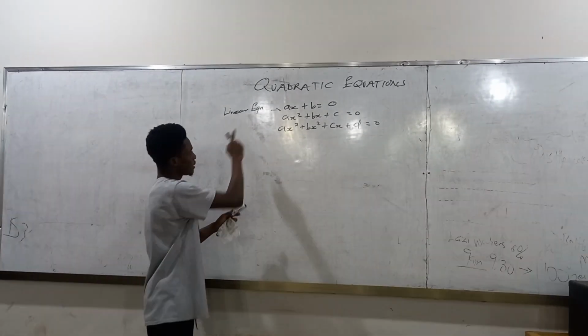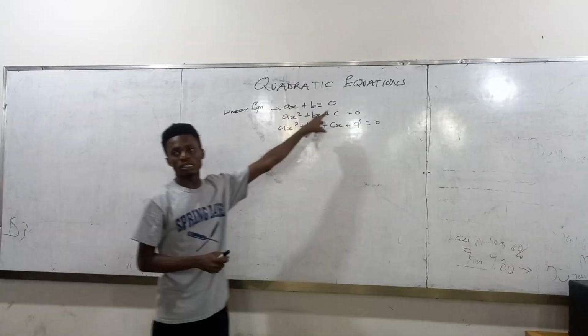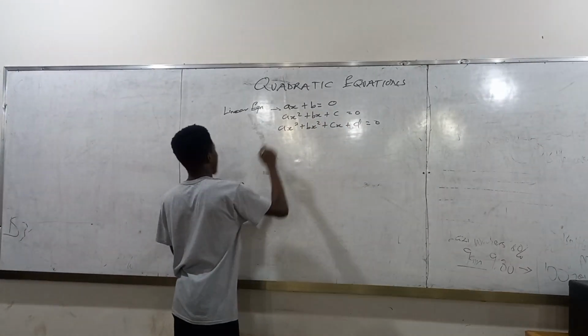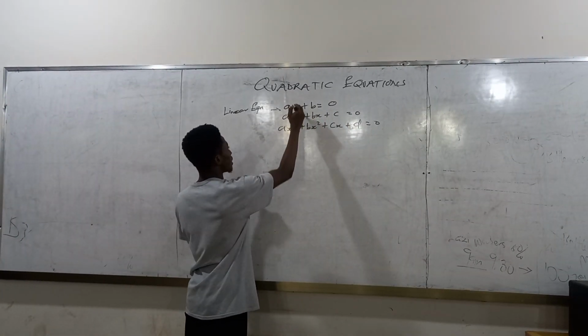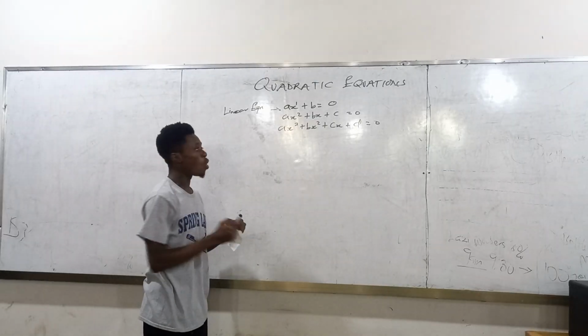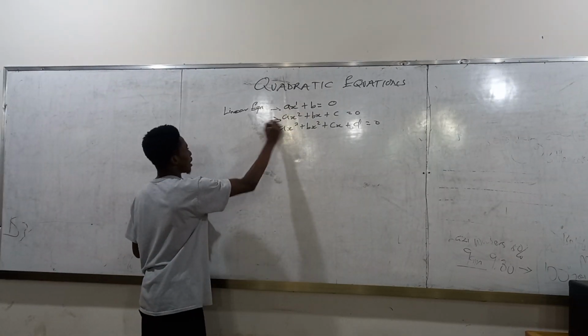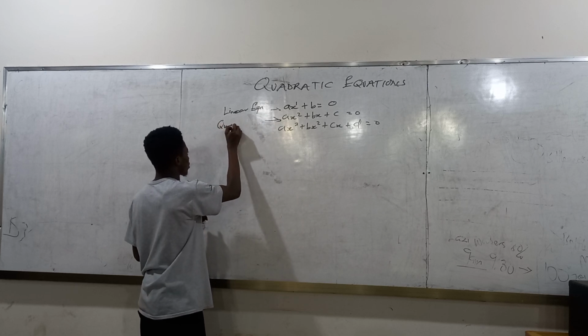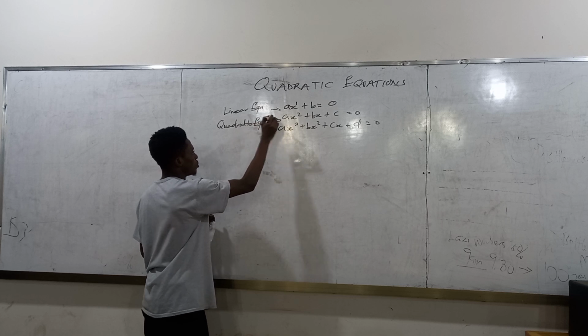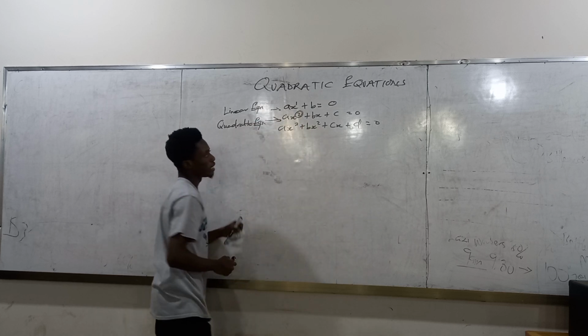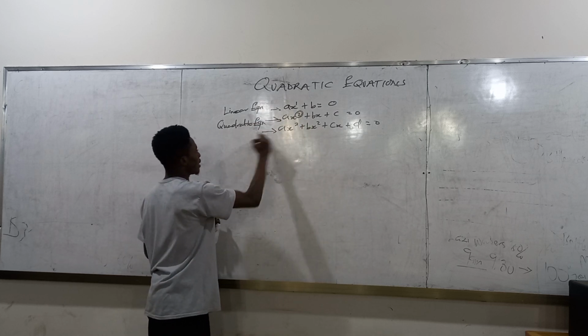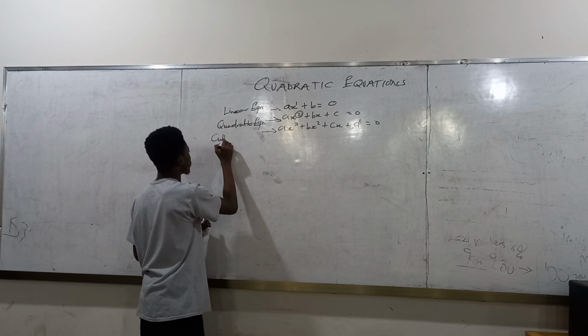Okay, so as I said, the first equation is a linear equation because the x, which is the variable, has an exponent of 1 or a power of 1. And the second one is a quadratic equation because the x has an exponent of 2. The third is called cubic.